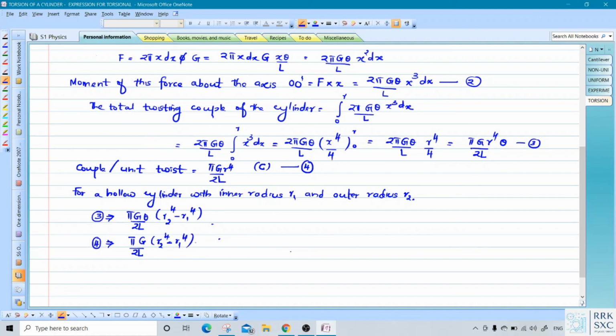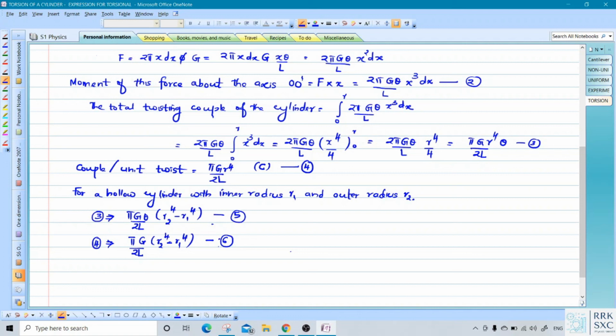So this will give you the couple per unit twist of a hollow cylinder. So let us give equation numbers: equation number 5 and equation number 6. Equation number 5 gives the total twisting couple for the hollow cylinder, and equation number 6 gives you the couple per unit twist of the hollow cylinder.